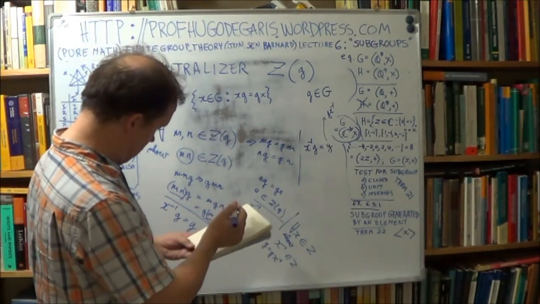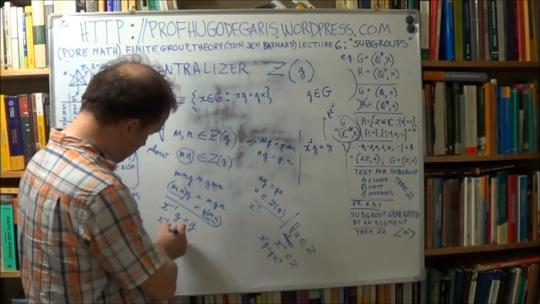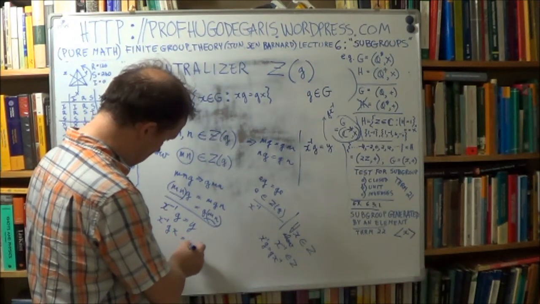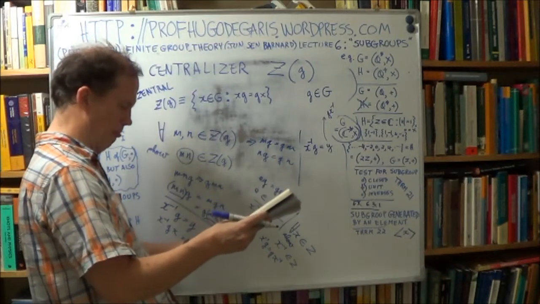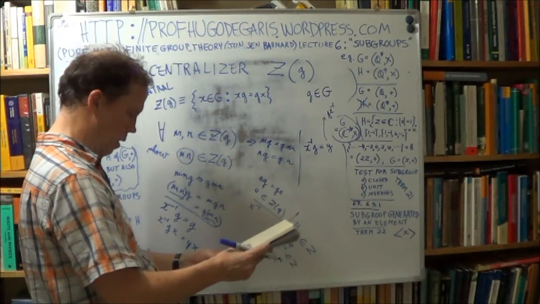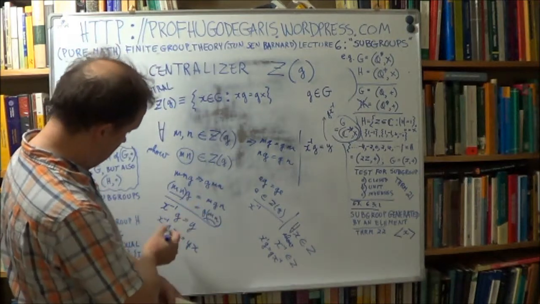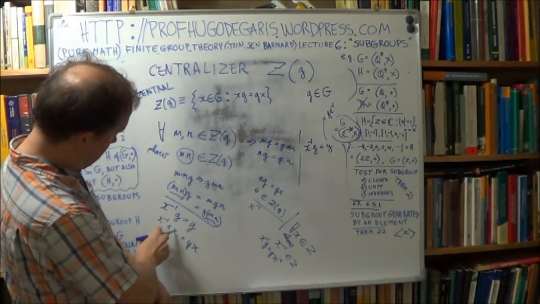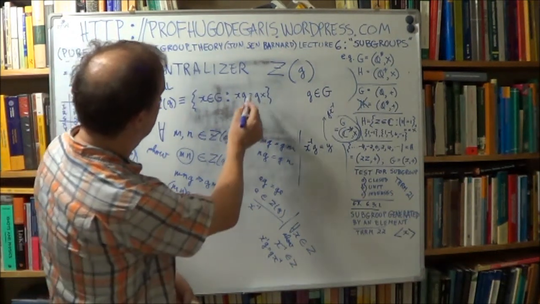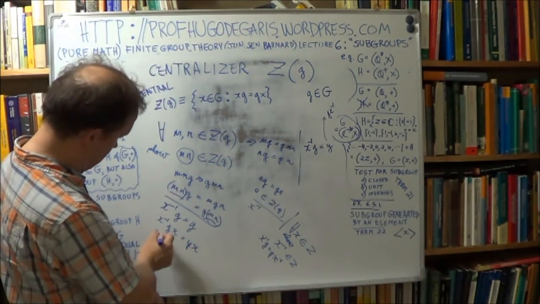Multiply on the right-hand side by x. Now gx is equal to xg, so we can swap this around.